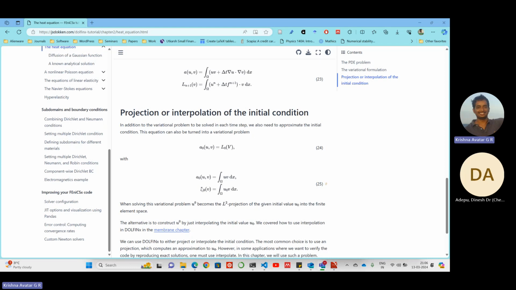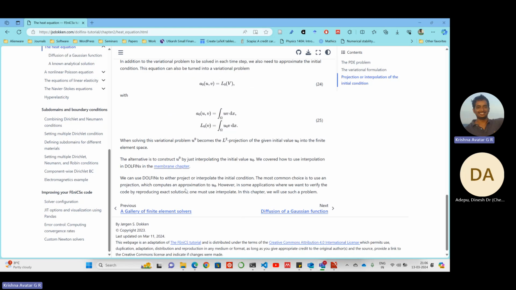This equation can be turned into a variational problem, which while solving, U naught becomes the L2 projection of the given value into the finite element space. The alternative is to construct U naught by just interpolating the initial value. Fine. Now let's keep it as is. So this one won't contain V F1, just T naught V.